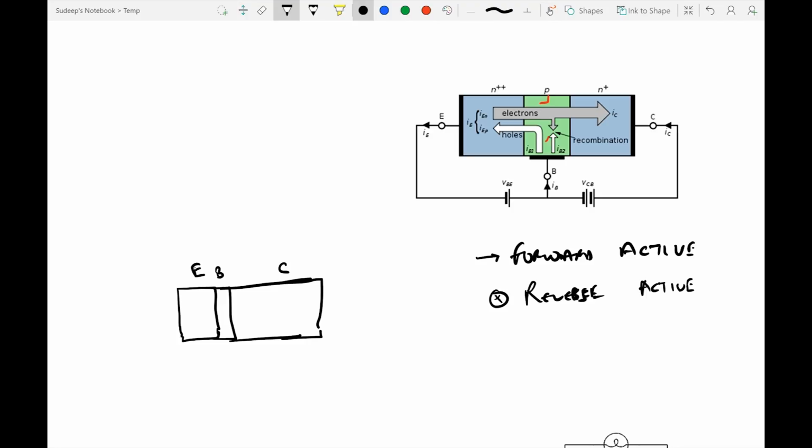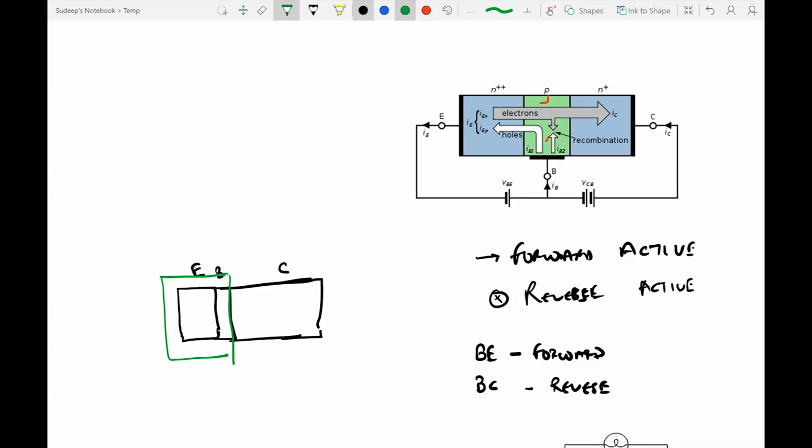So in order to have the transistor in a forward active mode, we would have to have the base emitter junction in forward bias and the base collector region in a reverse bias. So when we say a base emitter region, we are trying to look only at these two sections and consider them as a diode.